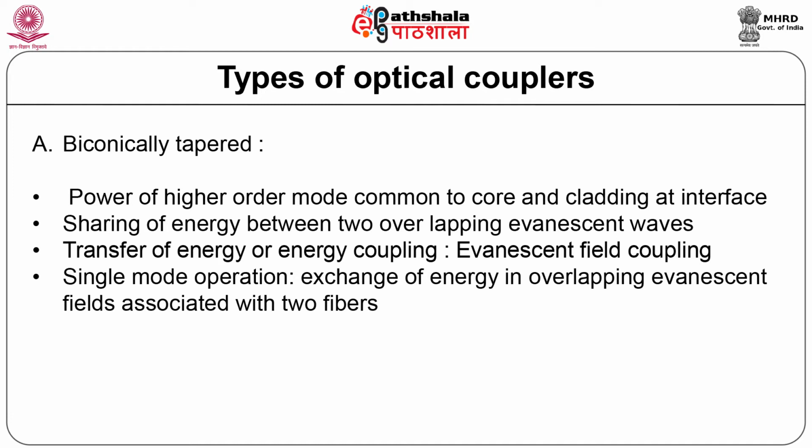So, now try to understand the effect of the tapering: the energy is shared between the two overlapping evanescent waves, and energy is transferred from one fiber to the other, and this is how the energy coupling takes place between the two fibers. This technique is called evanescent field coupling.